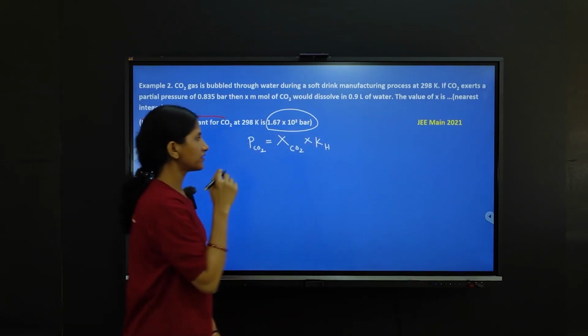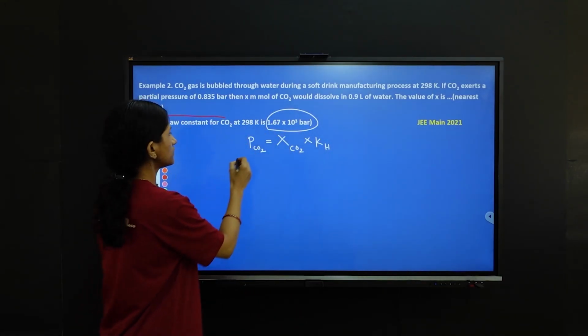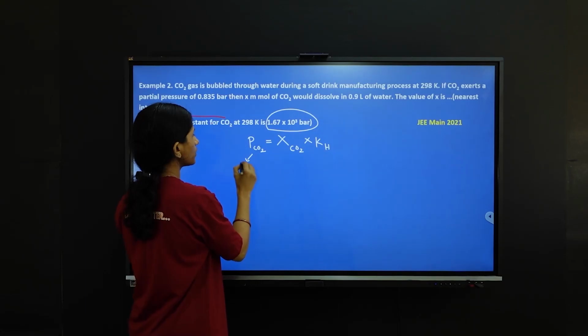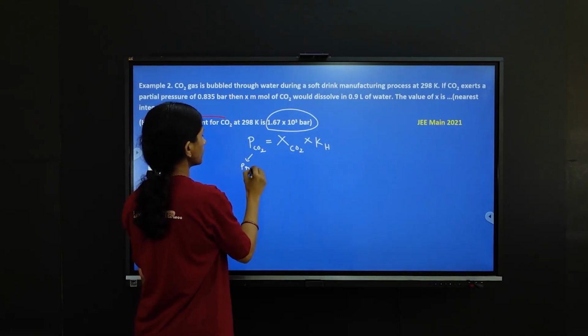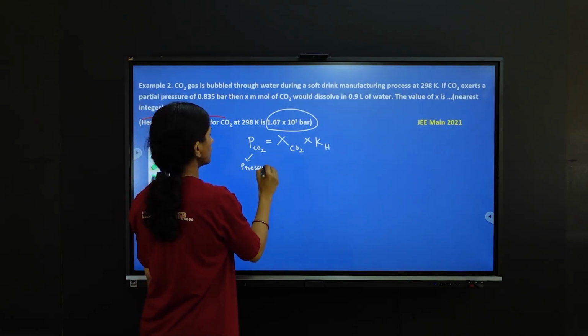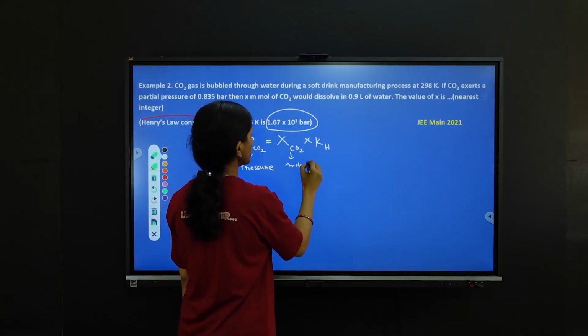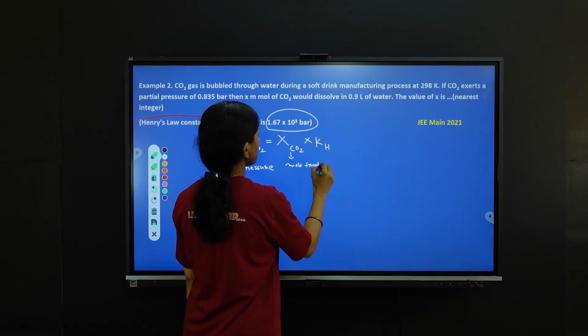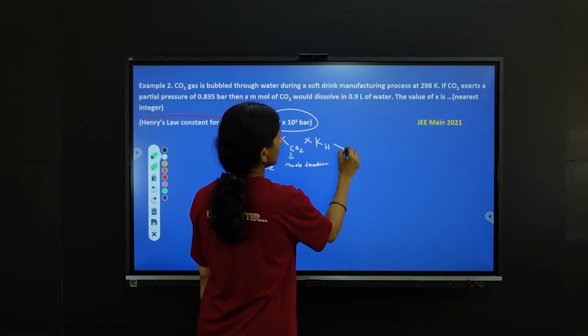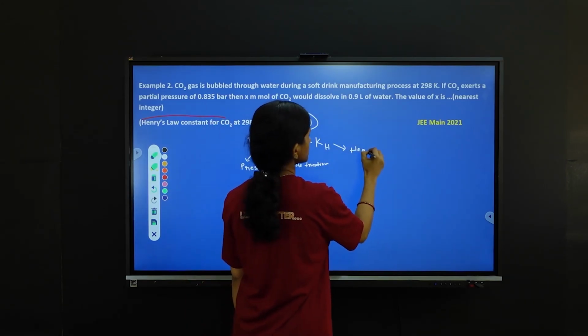This is our Henry's constant. So this is the pressure of carbon dioxide. This is the mole fraction of carbon dioxide, right? And this is our Henry's constant.